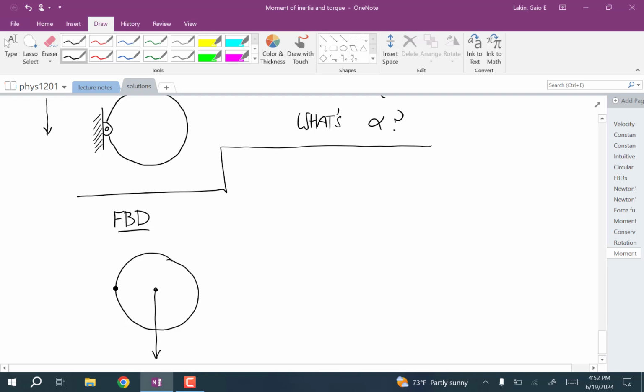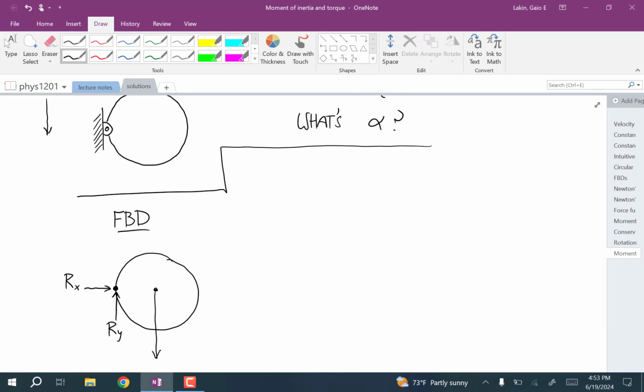We don't know what that is. So I'm going to say there's a horizontal part and a vertical part. I'll just call these Rx and Ry. These are not going to produce moments ever in any problems, but you need to have them in the free body diagram in case you're going to use Newton's second law in addition to rotational Newton's second law. So there's our complete free body diagram.